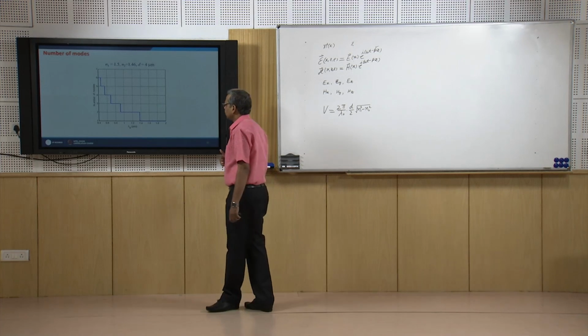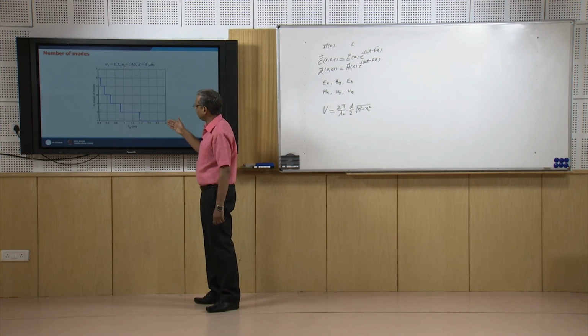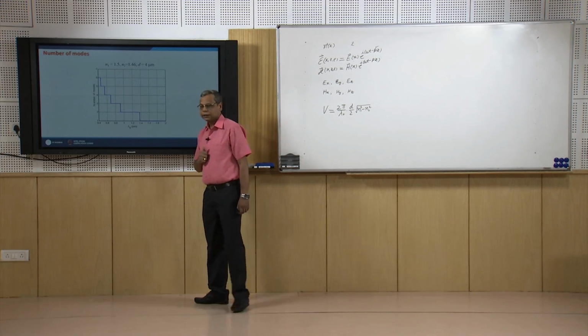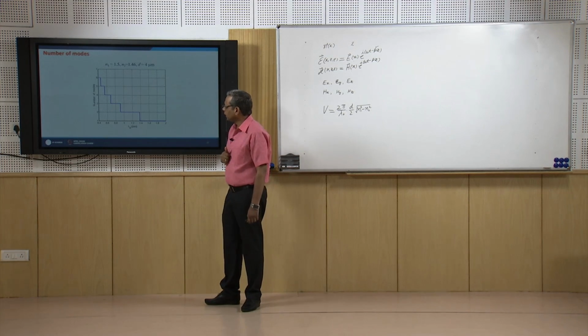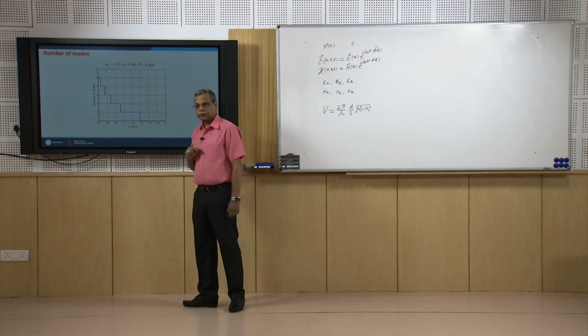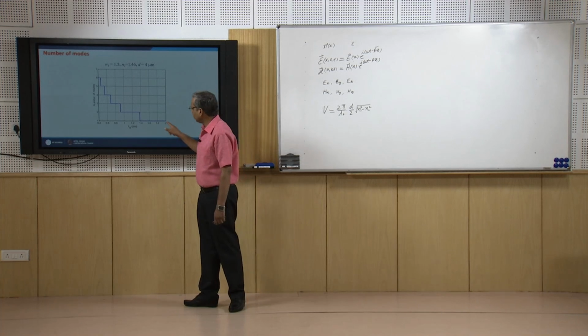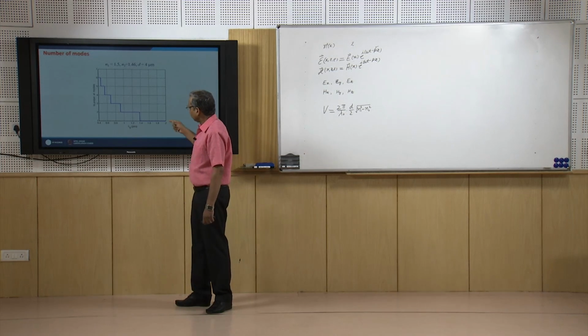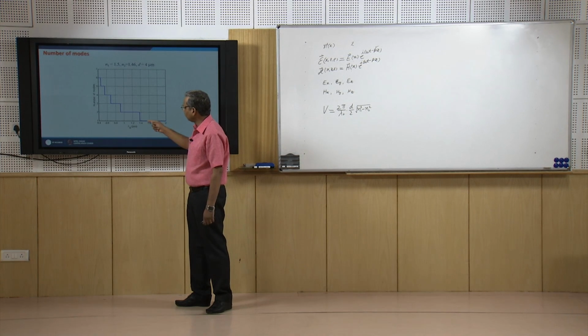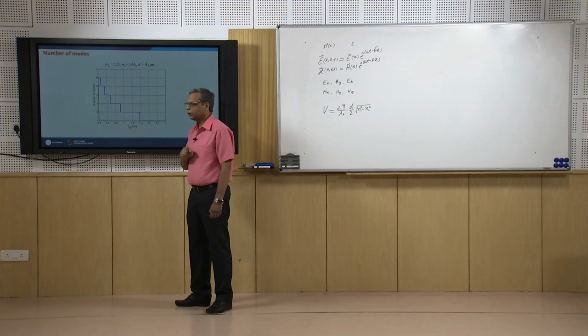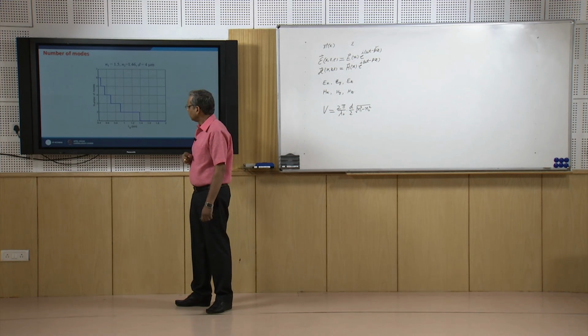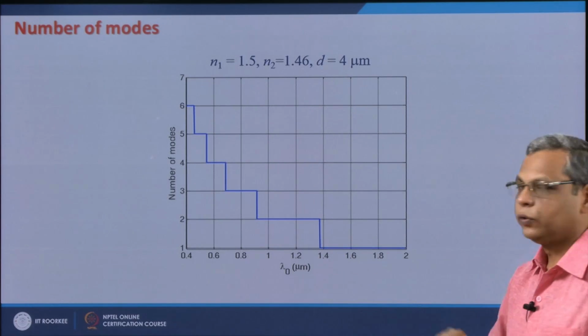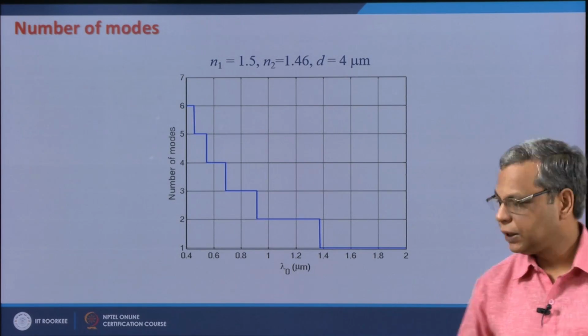If I start from a wavelength which is say 2 micrometer, then there would be only one mode supported, and that would be TE0 mode. If I decrease the wavelength gradually, then up to about a little less than 1.4 micrometer, there would be only one mode supported, that is TE0 mode.